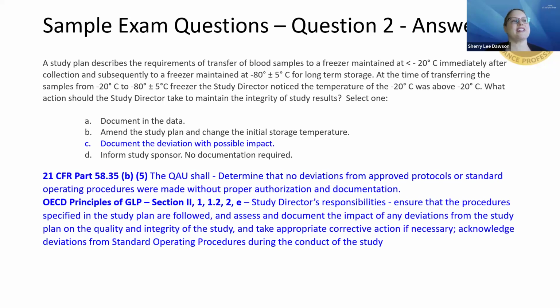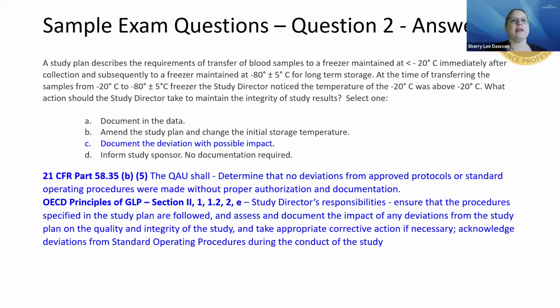It is actually referring to study plan. So the response, again, the regulations are very similar across, but when we're referring to a study plan, that is a good indicator that it is technically the OECD. So always read through the questions carefully. That's where you will catch those subtle differences.